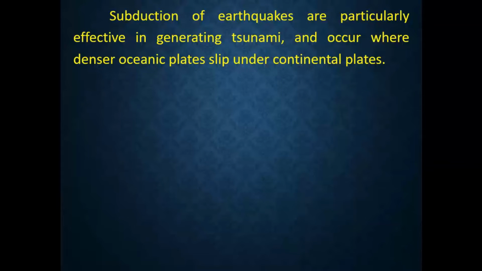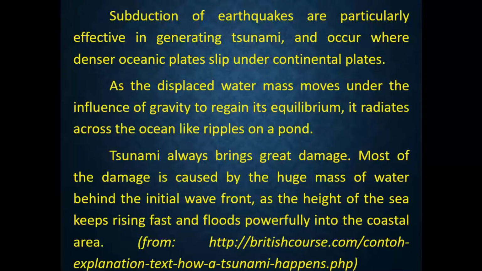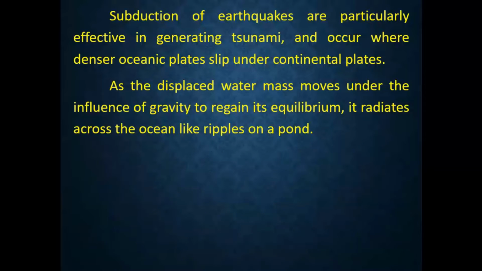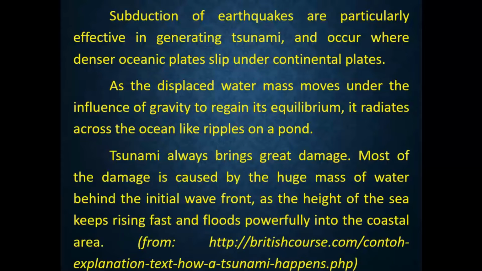Subduction earthquakes are particularly effective in generating tsunamis and occur where denser oceanic plates slip under continental plates. As the displaced water mass moves under the influence of gravity to regain its equilibrium, it radiates across the ocean like ripples on a pond.